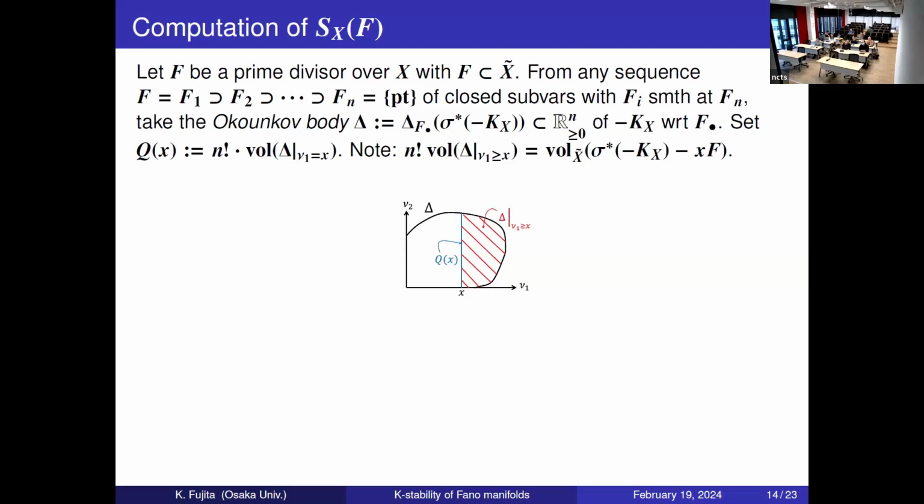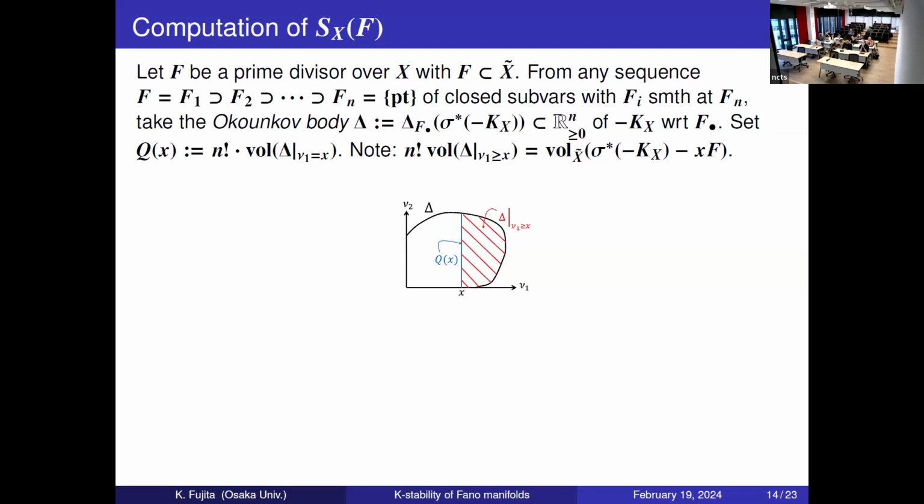I do not explain the precise definition of the Okounkov body, but the Okounkov body reflects many positivity properties of this line bundle, in this case, minus K. For example, this convex set is the Okounkov body. The anti-canonical volume of minus K is nothing but n factorial times the volume of this Okounkov body.